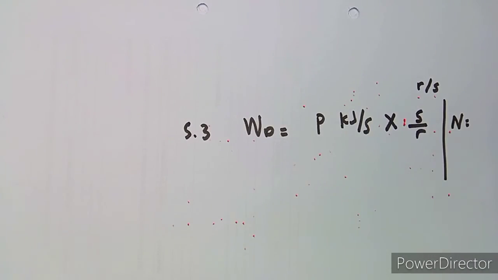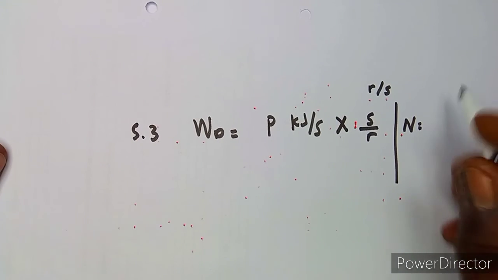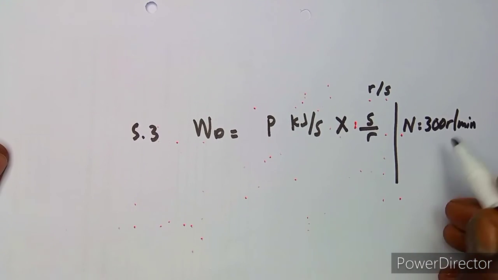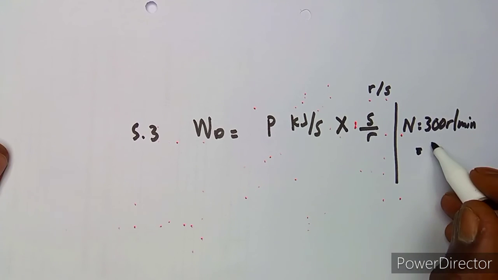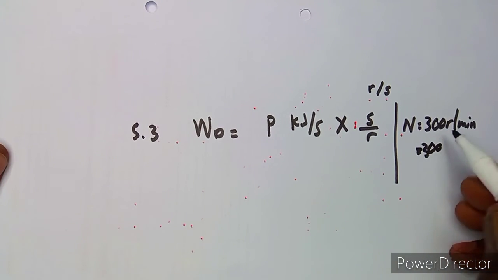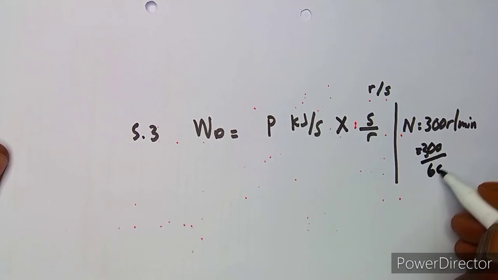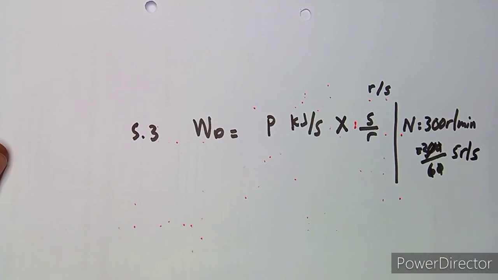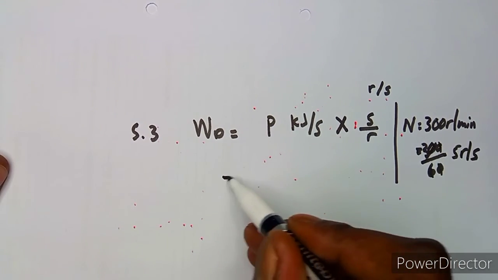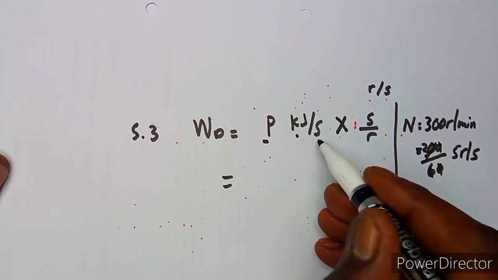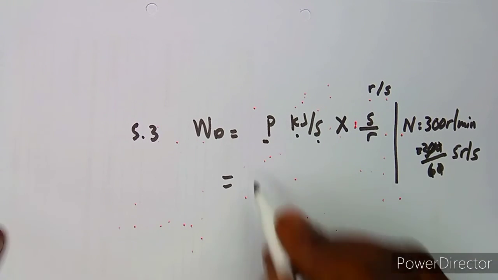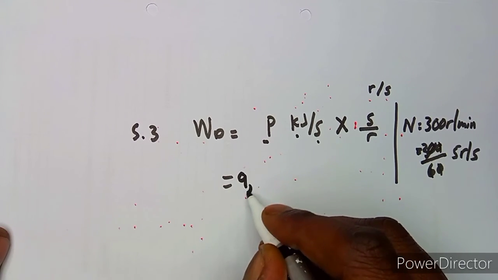So 300 revs per minute means 300 over 60, which is 5 revs per second. This is what you're going to do. It is going to be power, which is kilojoules per second, the kilowatt you obtained, 9,109, kilojoules per second.